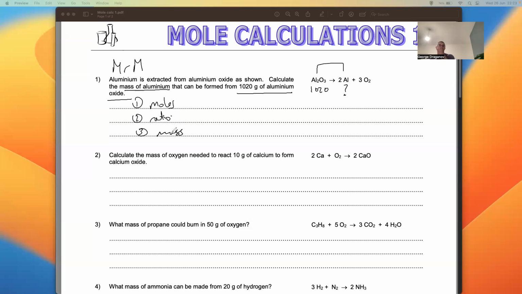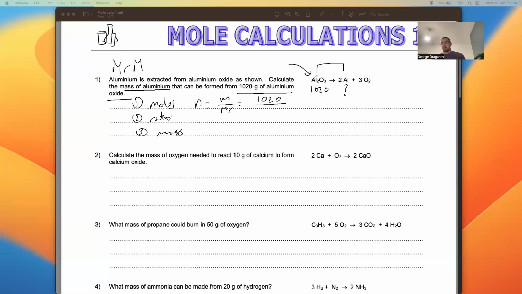These will normally be 3 marks or more. So firstly, moles equals mass over Mr. Now, you start with the moles of whatever they give you the mass of. Because as I said, you don't know anything about aluminium, so you can't do it. But for aluminium oxide, we know the mass is 1020. So I'm going to write 1020 divided by, I must use the Mr of this.